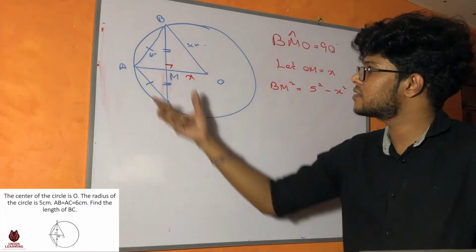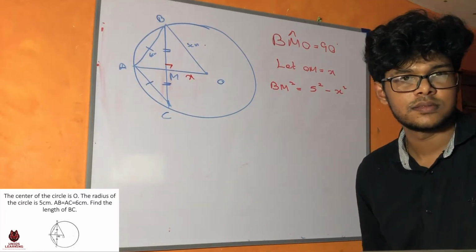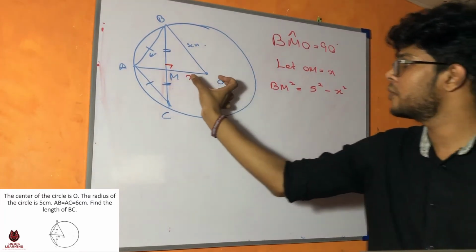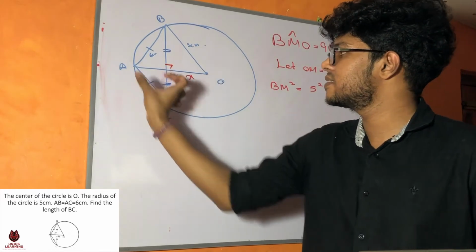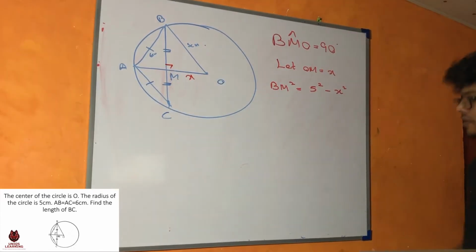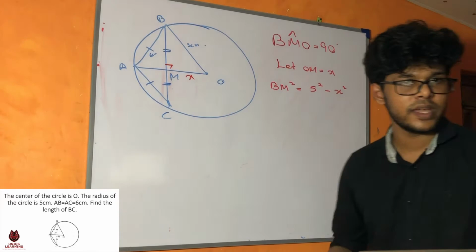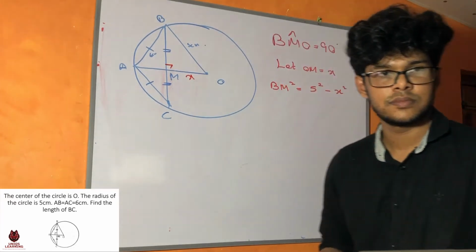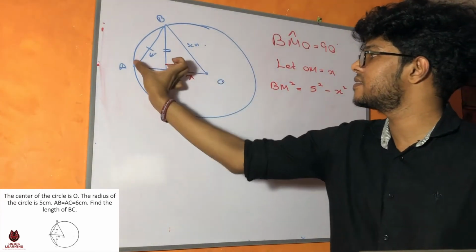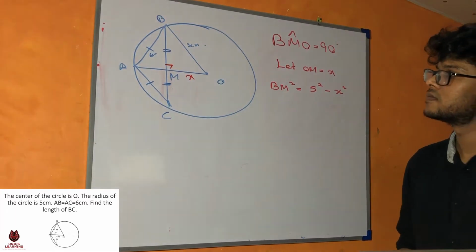How can you know whether it's bisecting? How do you know whether this length is equal to this length? So you get my point, right? You don't know whether this length is equal to this length, right?